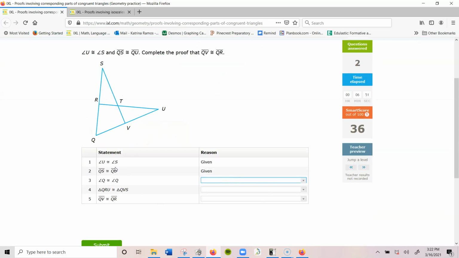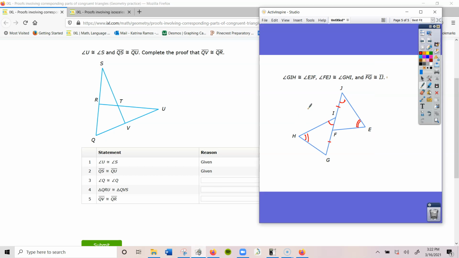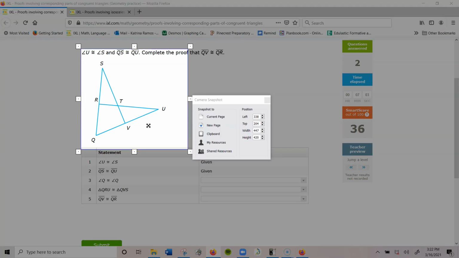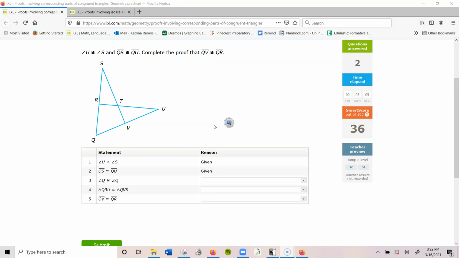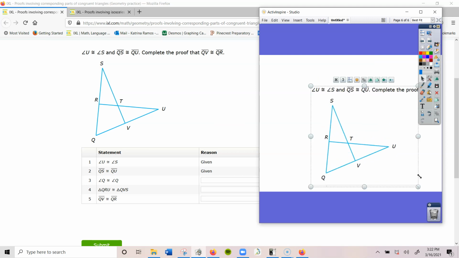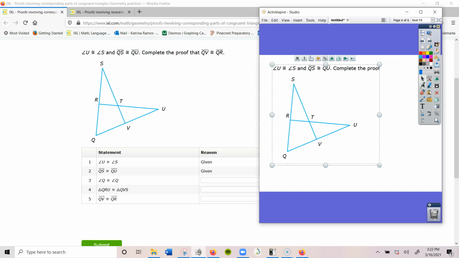All right, now here we have that angle U is congruent to angle S. I'm just going to go ahead and copy this diagram because we may need to draw it up. Okay, so angle U is congruent to angle S, that's given.